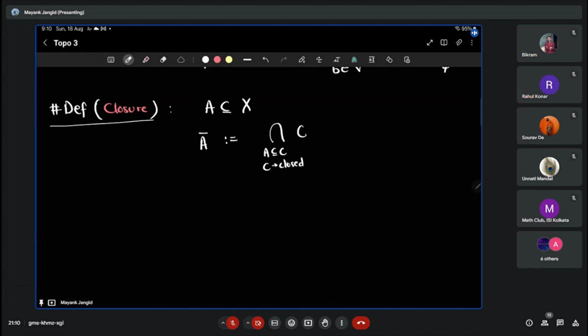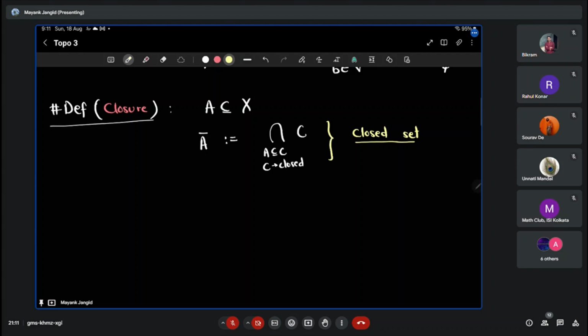One inference that we can make directly from this definition is that because arbitrary intersections of closed sets are closed, therefore A closure is also a closed set.